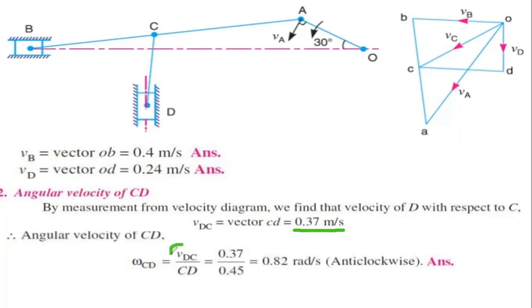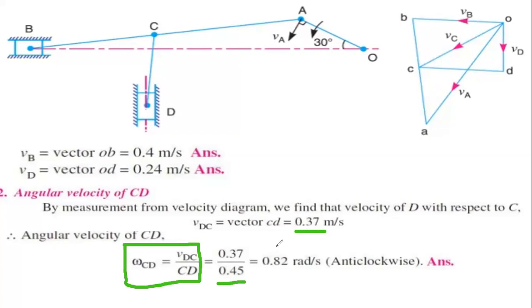Here we need to use VDC in the formula, so first we calculate it from the measurement, that is the velocity of DC. So omega of CD is equal to VDC by CD, that is VDC is 0.37 and the length of CD is 0.45 as given in the given data.